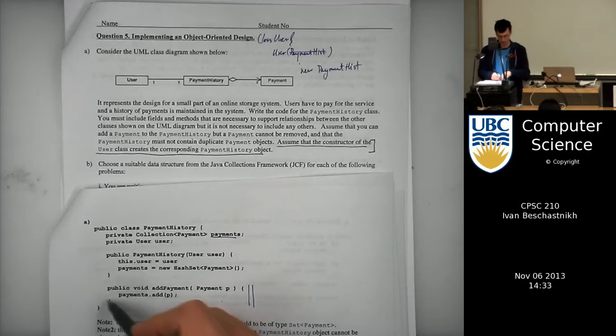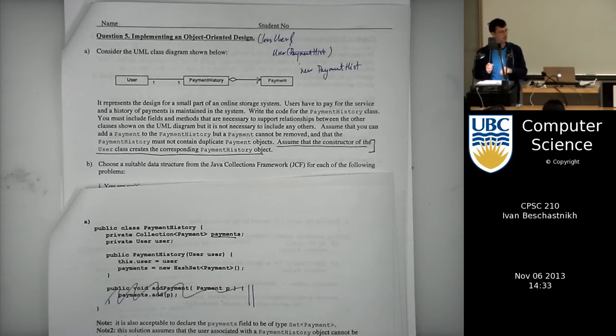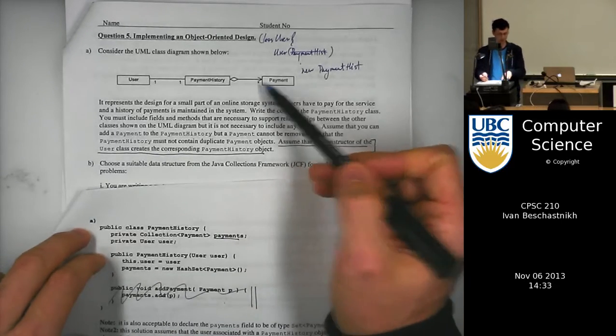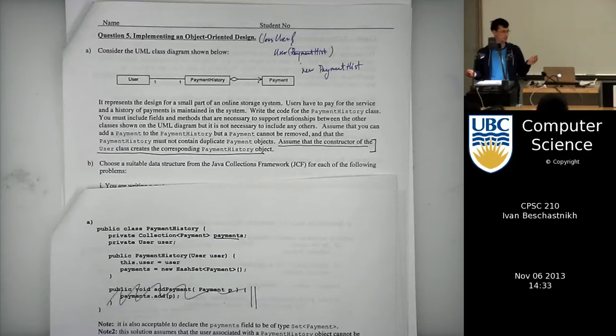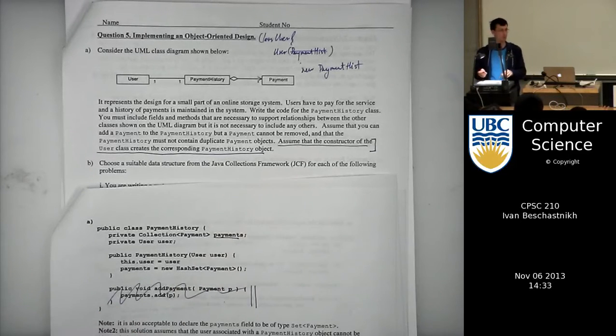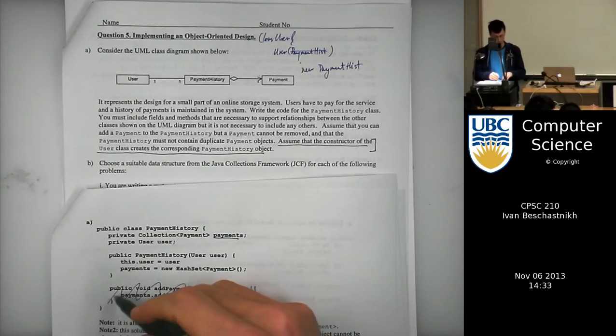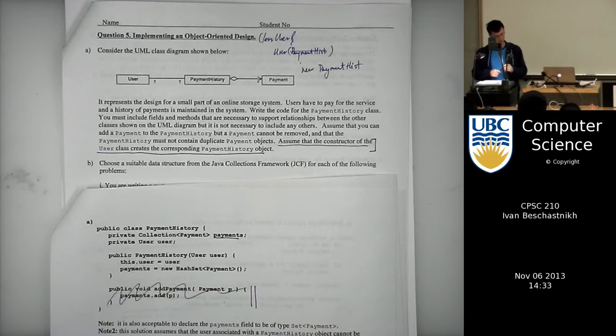If I didn't have this method, I would have the same exact diagram, because my payment history can still know about multiple payments. That's still true because I have a collection of payments. I can have 0 or more objects. So if the answer was like this, would we get the marks? Yeah, you would get the marks.